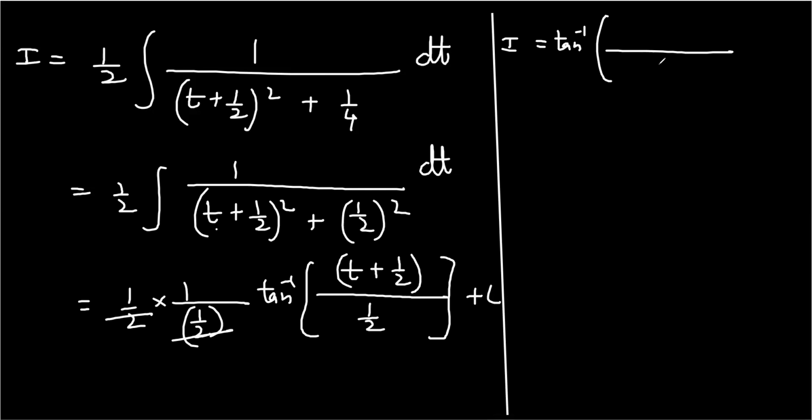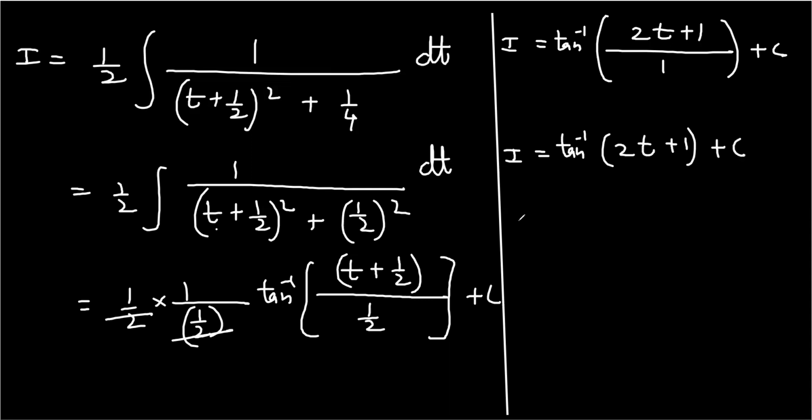So I get 2t plus 1 by 2, and here I have 1 by 2. So that denominator 2 will cancel, and I get I equals tan inverse of 2t plus 1, plus c. And what was t? t was tan x by 2. So I get tan inverse of 2 tan x by 2 plus 1, plus c.